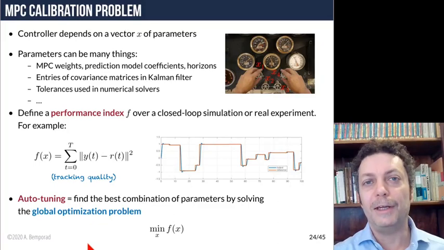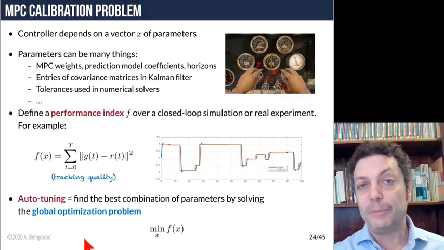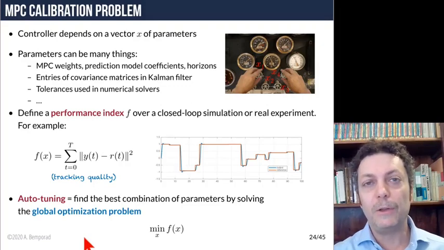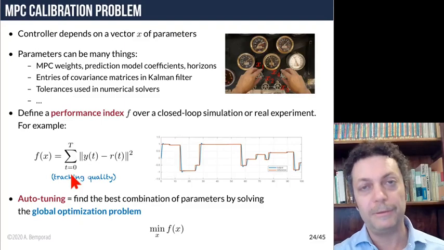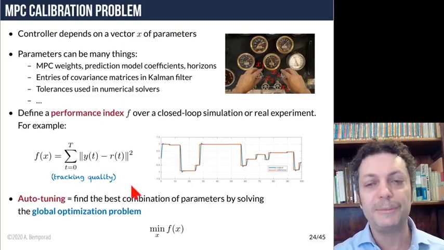Now, how to automatize the calibration process? Well, you can define a performance index, a closed loop function that quantifies how good your closed loop performance is. For example, you can look at the sum of square tracking errors over a certain simulation horizon or over the duration of an experiment.